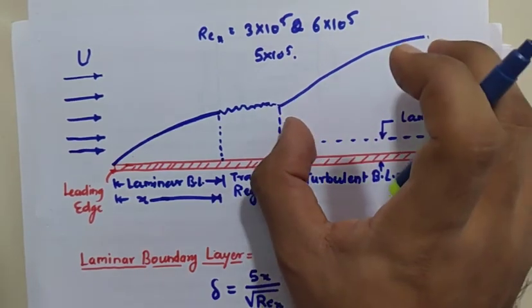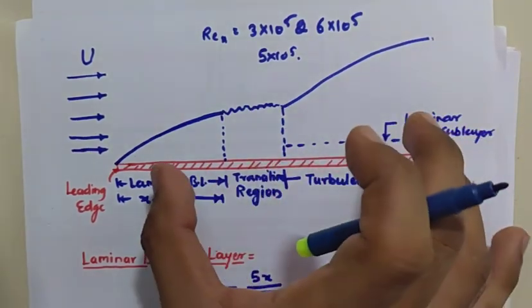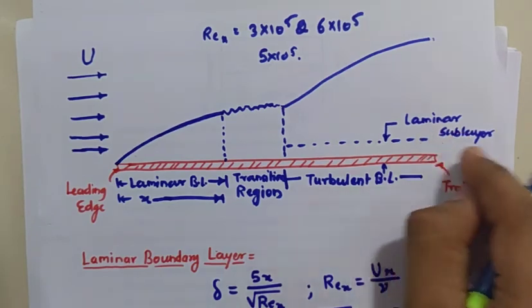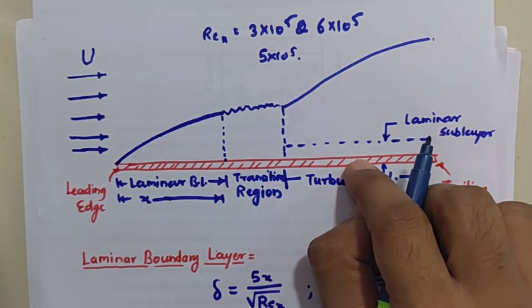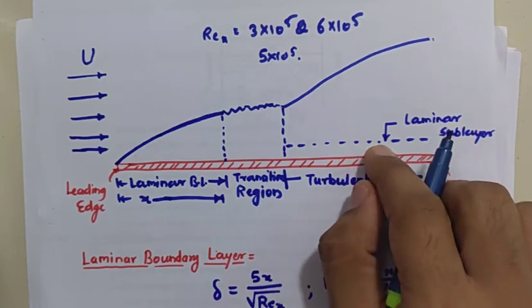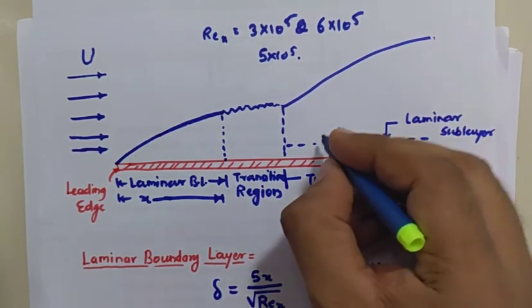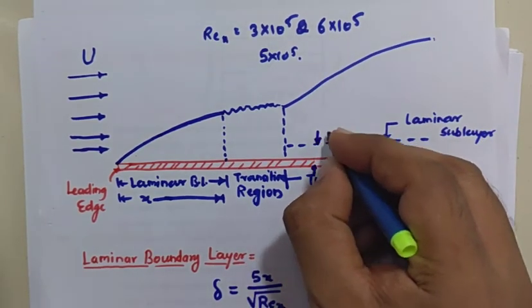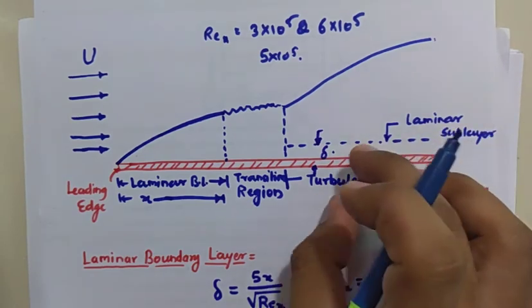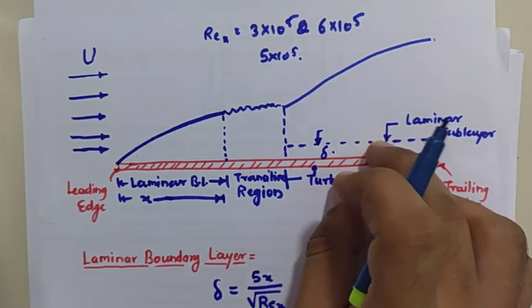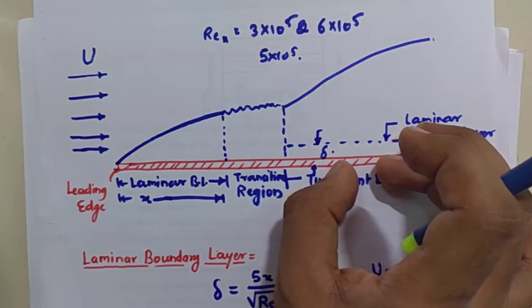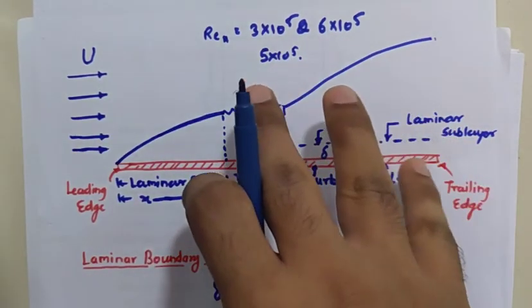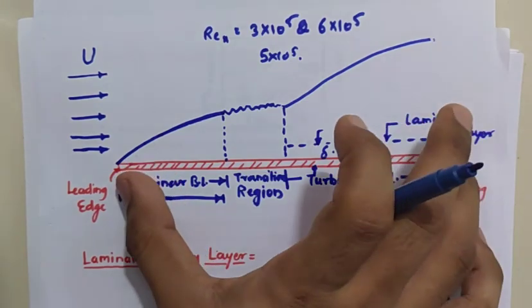So though this zone is turbulent boundary layer zone, still because of smoothness of the plate, laminar sublayer will be formed over the boundary. And this laminar sublayer, although very thin, is a very important factor in deciding whether the surface is hydrodynamically smooth or rough surface. So this is all about the development of boundary layer along a thin plate.